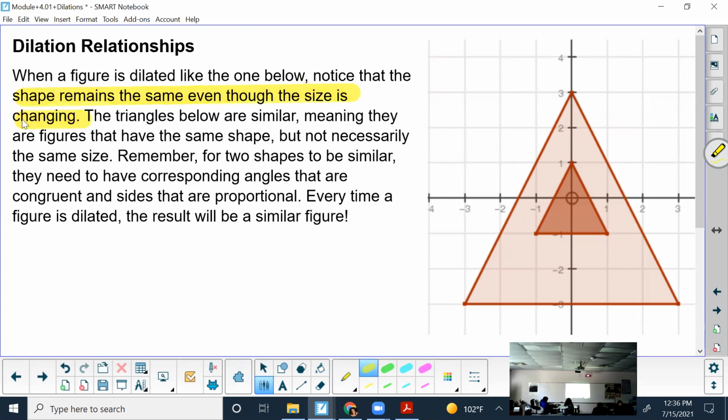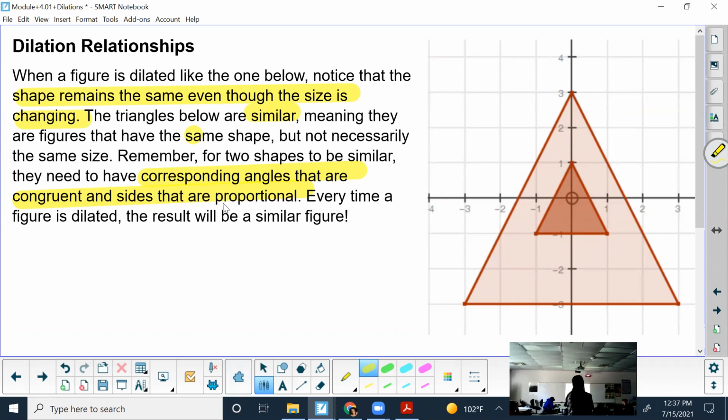The triangles below are similar, meaning they are figures that have the same shape but not necessarily the same size. Remember, for two shapes to be similar, they need to have corresponding angles that are congruent and sides that are proportional. Every time a figure is dilated, the result is a similar figure. We talked about that before, but here it is again.